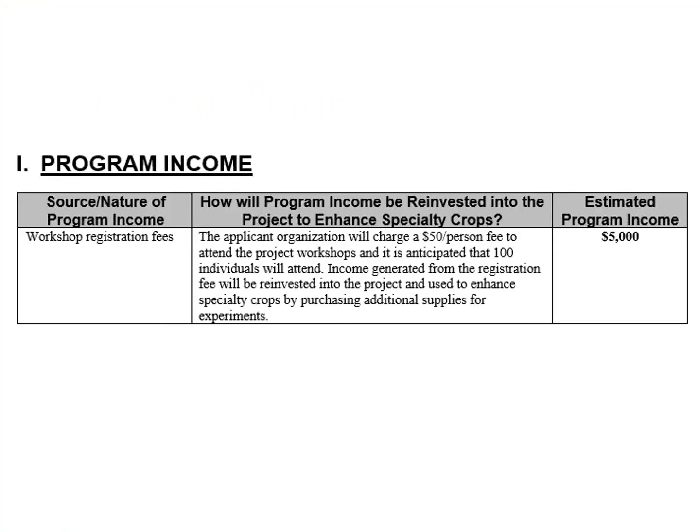In this example, the applicant will generate $5,000 in program income by charging a $50 workshop registration fee. The income will be reinvested back into the project and will be used to enhance specialty crops. If your project will generate program income, an explanation of the specific activities that will be paid for with program income must be provided.